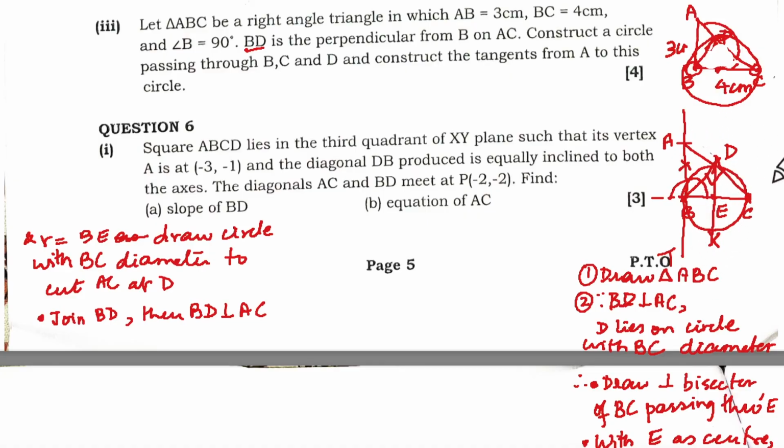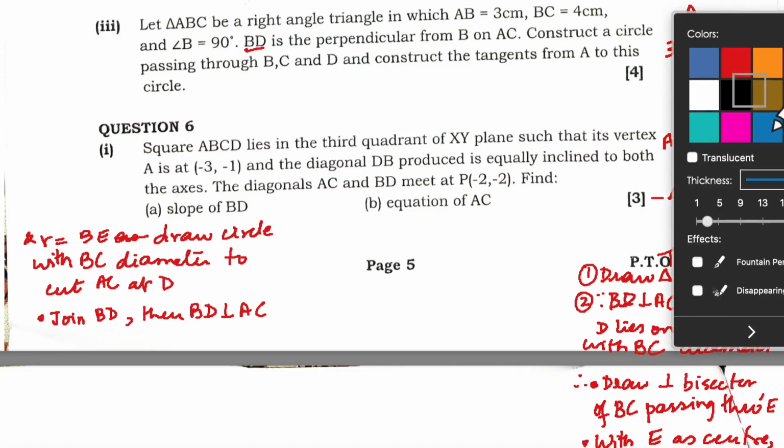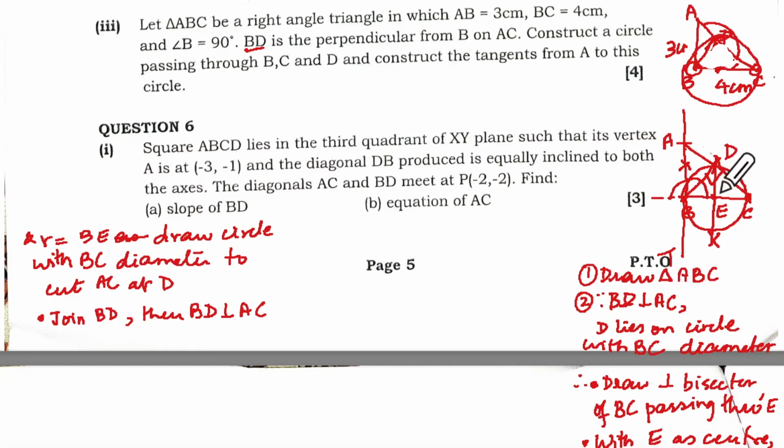I need one more from here. So I need this line. I think I'll use another color so you'll understand better. If you take AE, see, this is my one tangent and the second tangent should come like this, correct? So which means this should be 90 degrees, correct?